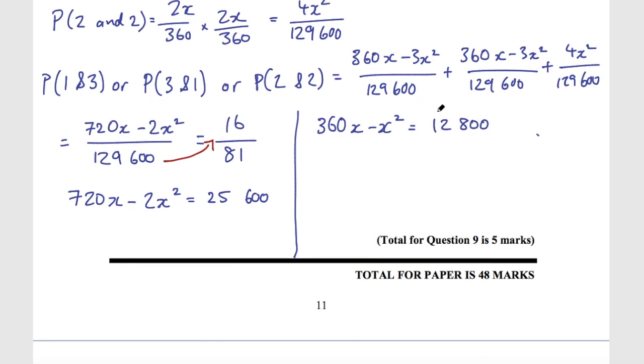And then let's simplify this a little bit more, so to get it in the form of a quadratic equal to 0. So we'll get minus x squared plus 360x, and then take that from this side, so that's going to be minus 12,800 equals 0. Alright, so now I have a quadratic that I can solve for x.